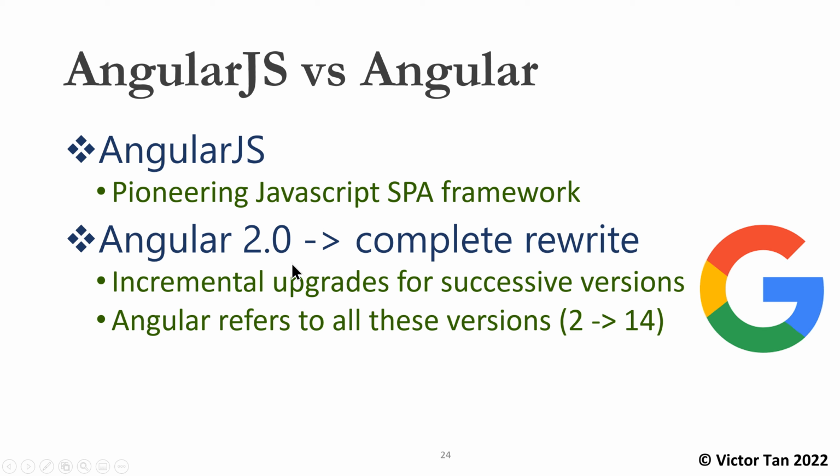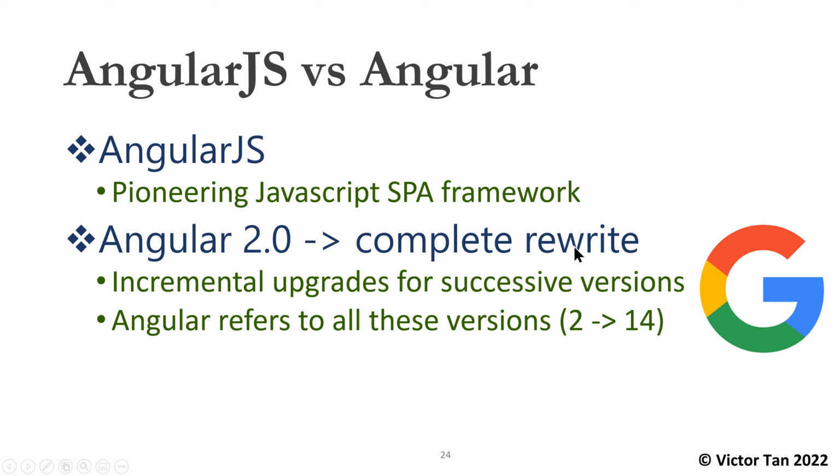That means the team at Google completely rewrote the entire framework from scratch. Everything was rewritten, to the point that applications developed in AngularJS could not run in the Angular 2.0 framework because it was a total rewrite.